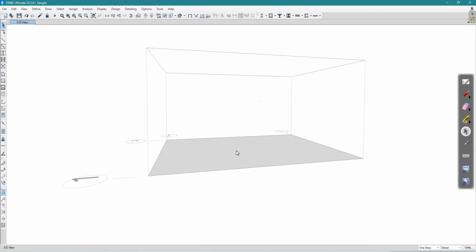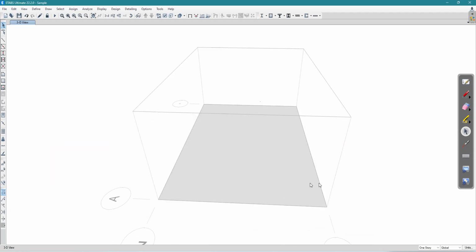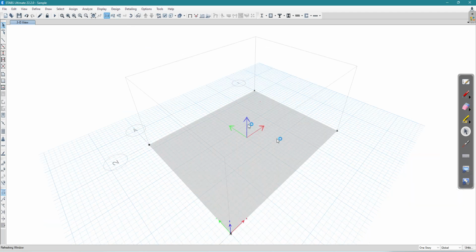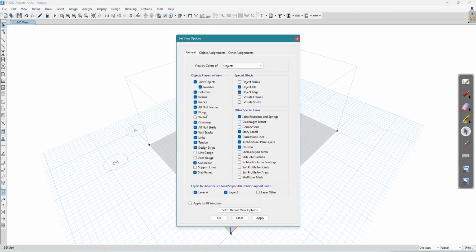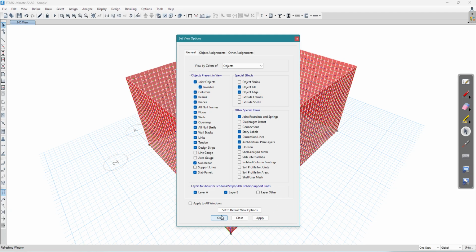These commands will be useful for assigning the loads. You can hide some elements and select other elements. How to bring it back? Go to set display options, check walls, click on apply.